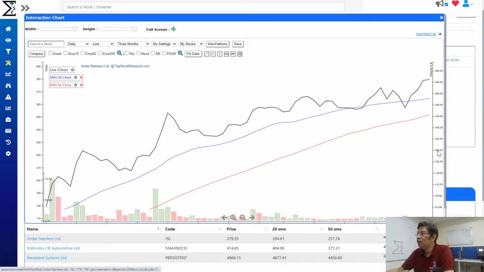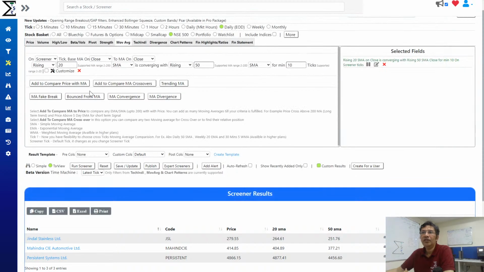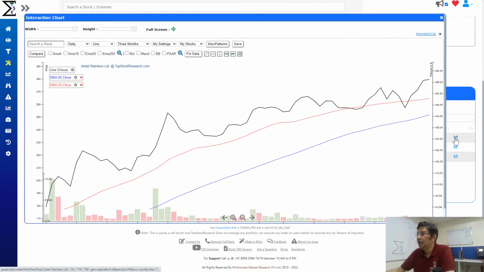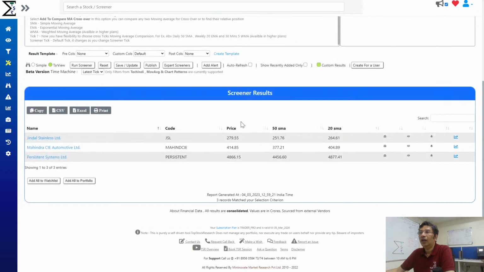Good, right? So if you see, these 2 stocks are converging. Had it been the other way around, that means 50 is converging with 20. Okay, same set of stocks, right? So basically these 2 stocks both are rising and they are converging towards each other, right?